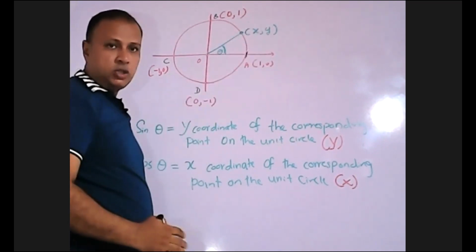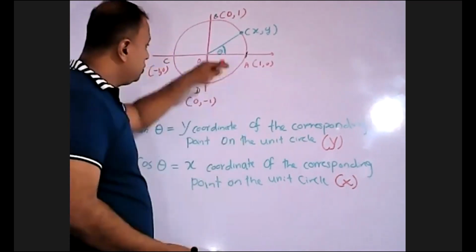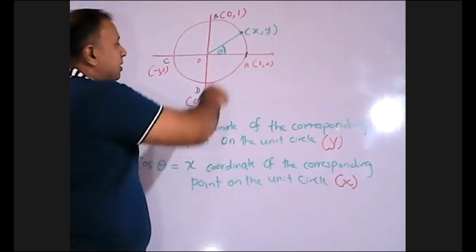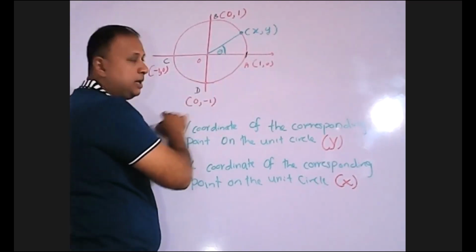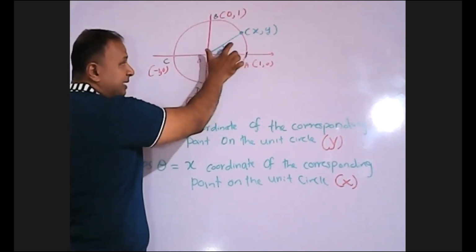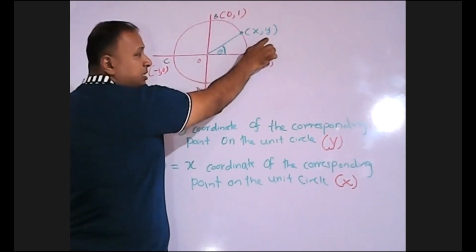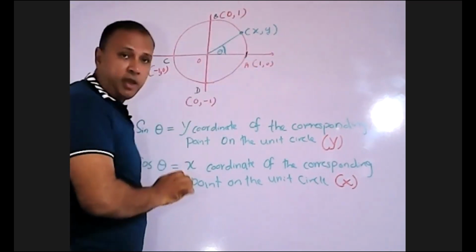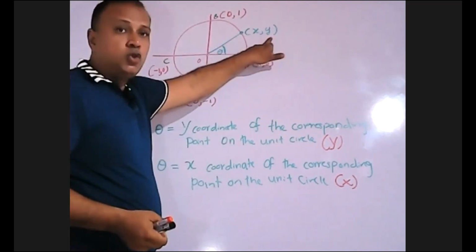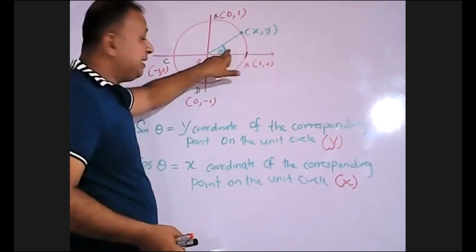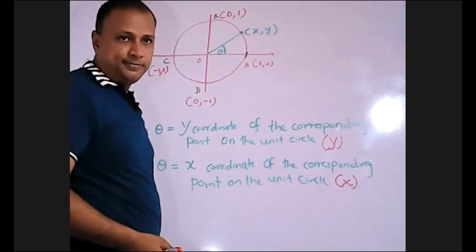According to the definition of sin theta and cos theta using the unit circle method, sin theta is equal to the y coordinate of the corresponding point on the unit circle. Therefore, sin theta is equal to the y value. Cos theta is equal to the x value of the corresponding point.